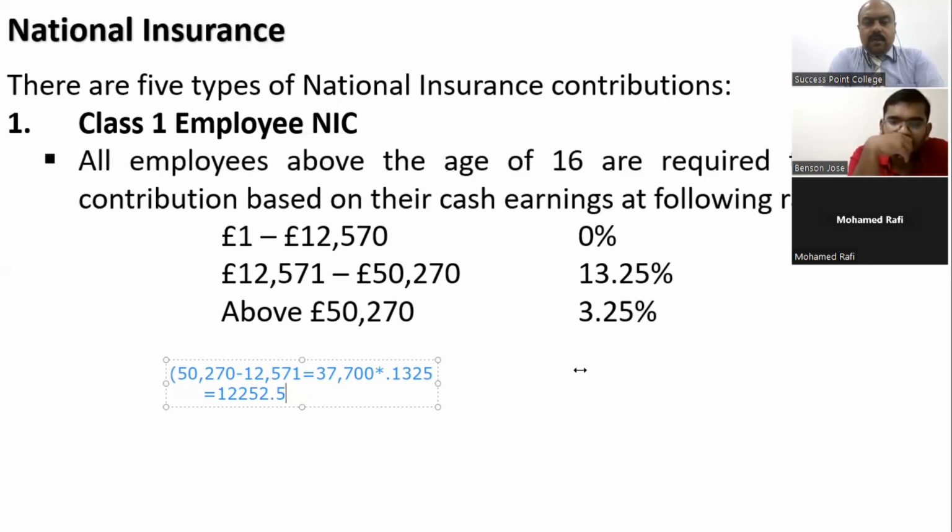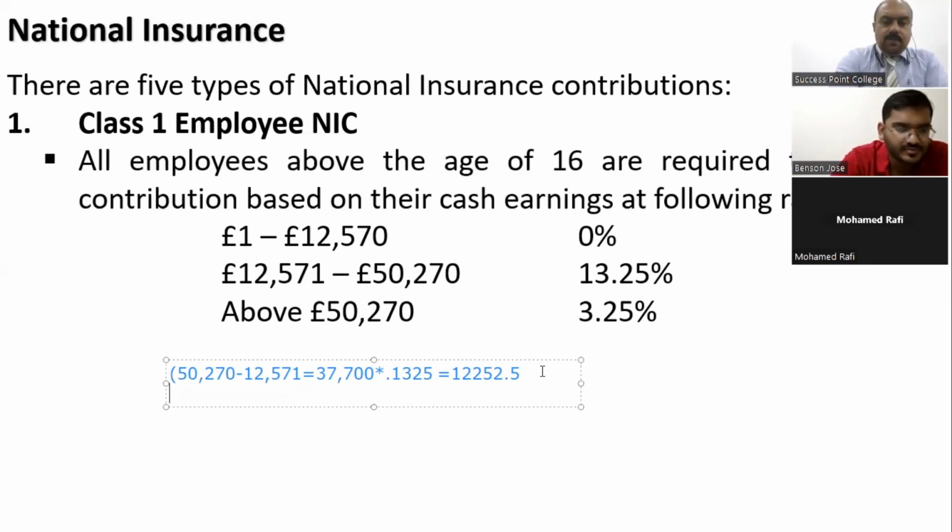This is one figure which we have calculated for the salary up to this point, and there is a remaining amount. I told you that the total income for the employee is 60,000. Out of that 60,000, we have already assessed 50,270, so 9,730 is remaining. 60,000 minus 50,270 is equal to 9,730.